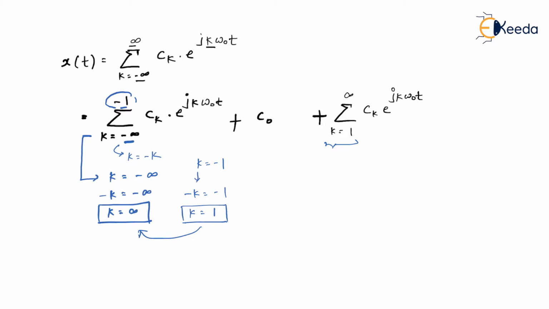I'll tell you why. When I have decided on the substitution k equal to minus k, then ck will become c minus k, and of course this k is replaced with minus k, so the power of e will become negative. So it becomes e to the power minus j k omega naught t. Am I right?